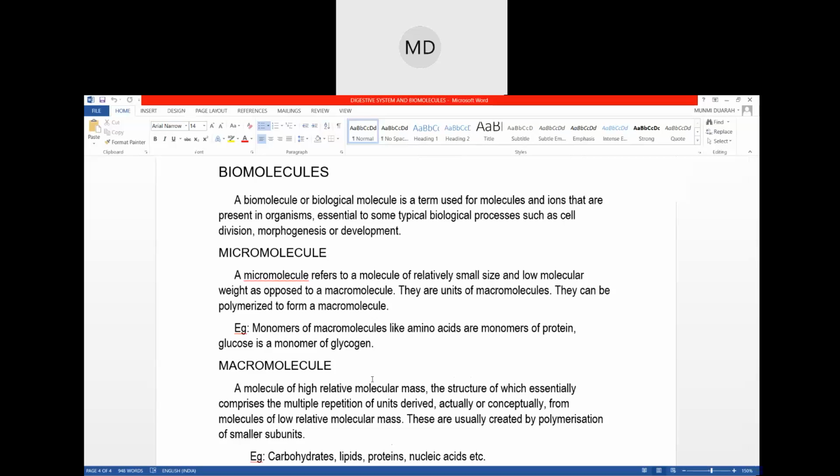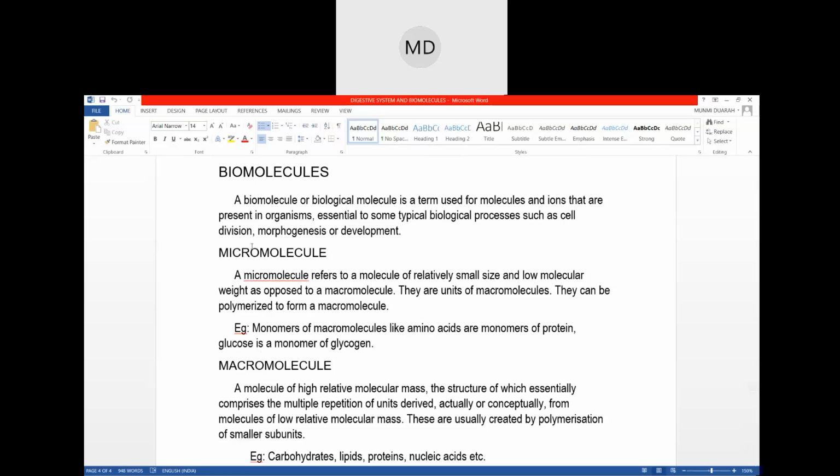The biomolecules are of 2 types: micromolecules and macromolecules. Micro means small, and macro means larger than the micro. It is not that large, but it is larger than the micro. So micromolecules are the smallest, and macromolecules are a little bit larger.